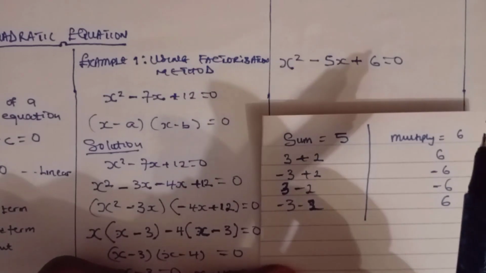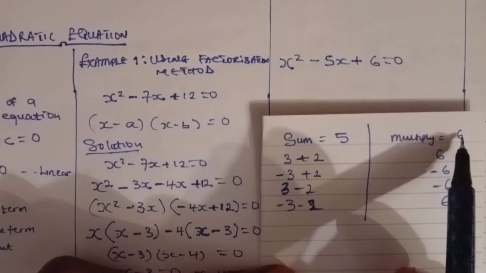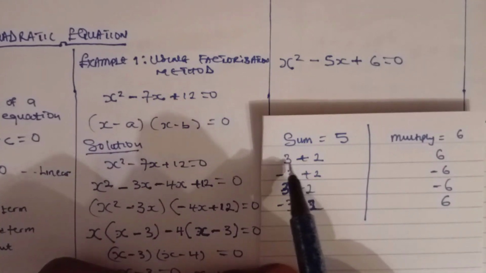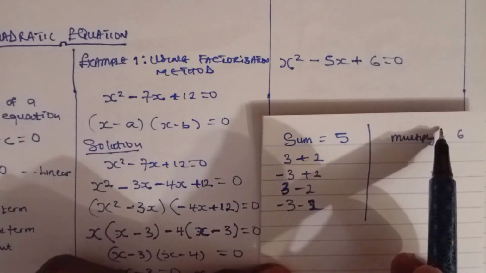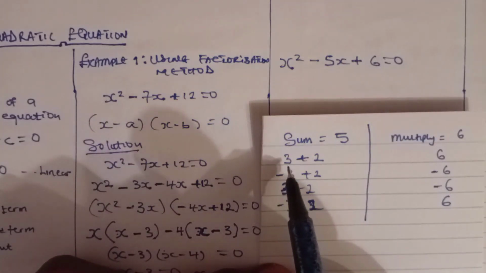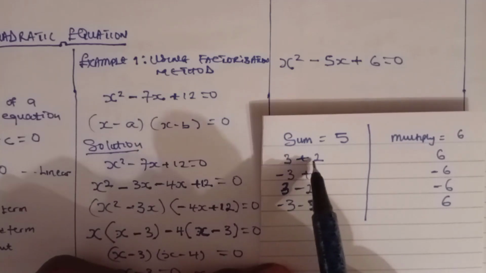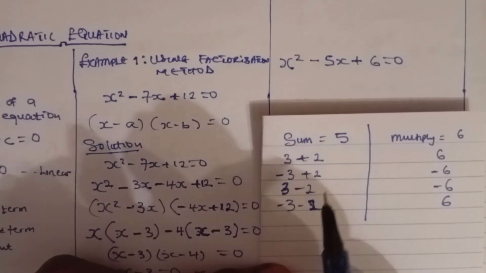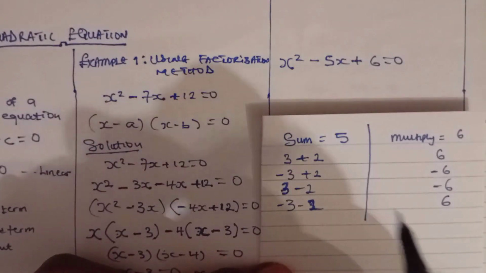There are many numbers, but we are also considering the multiplication giving you 6. So you have just 3 and 2, because 3 plus 2 gives you 5, and 3 times 2 gives you 6. But 3 plus 2 gives you positive 5, not negative 5. I'm looking for negative 5.